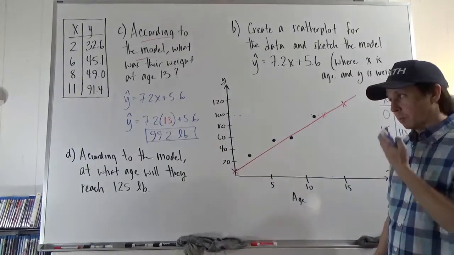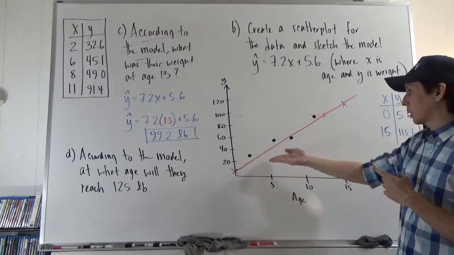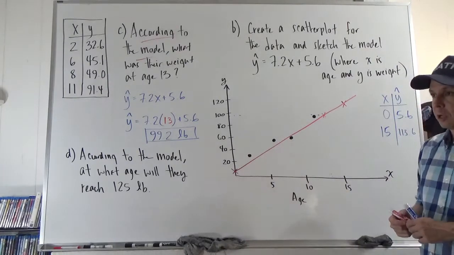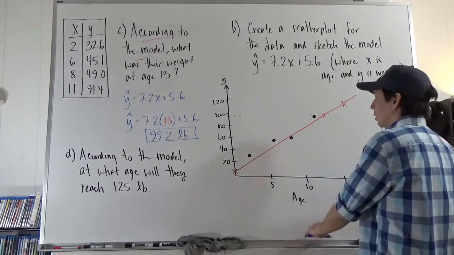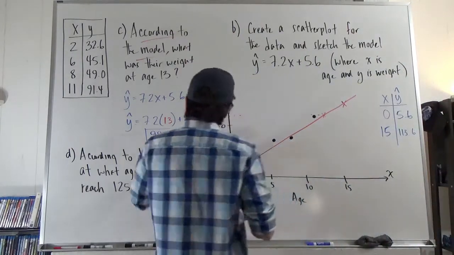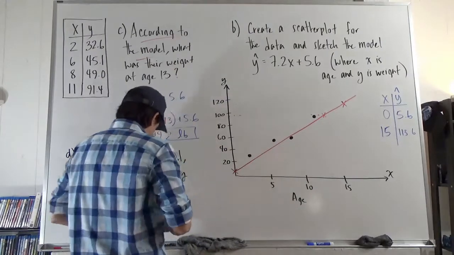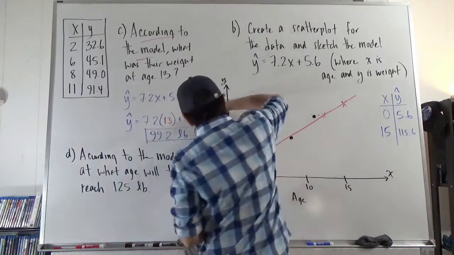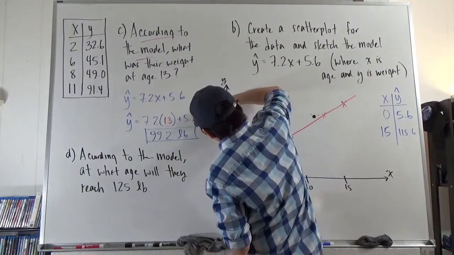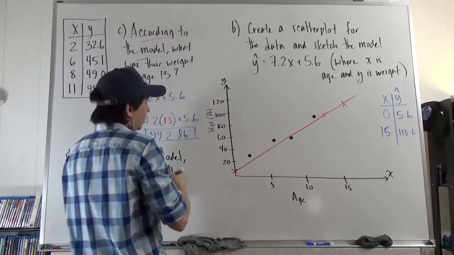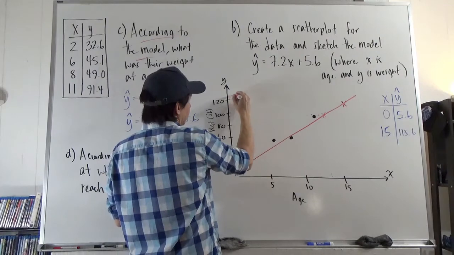Again, it's according to the model, so you ignore the table, you're looking at the red line. You could, in theory, get a rough estimate off of your hand-drawn graph. If you try to do that, you'd go to 125. This is your weights, which I forgot to label. Maybe I should have labeled it, but you know for sure this is weights. And I'll go to 125 now.